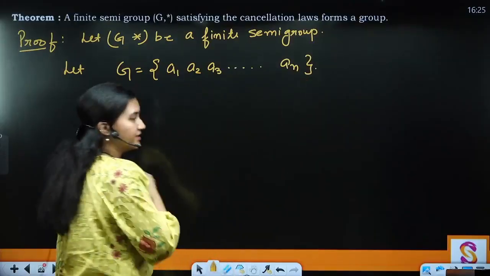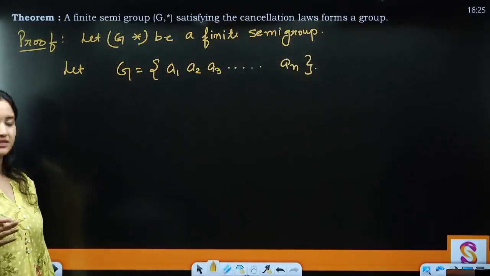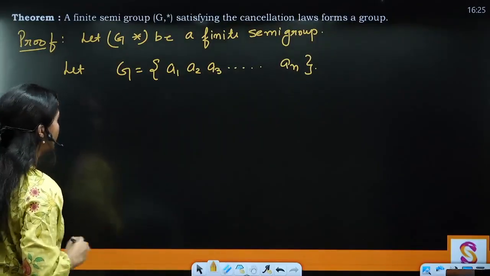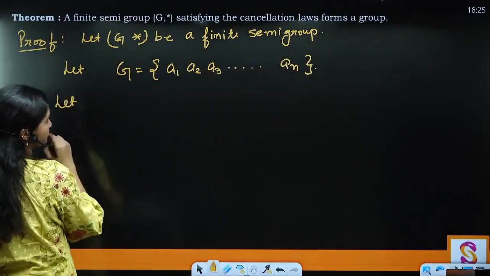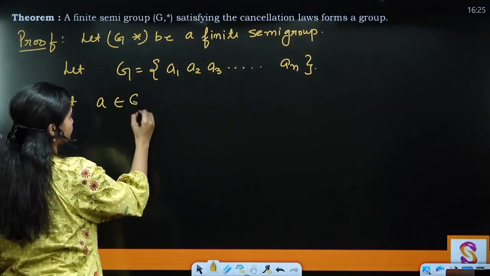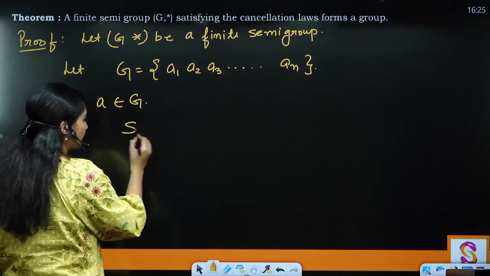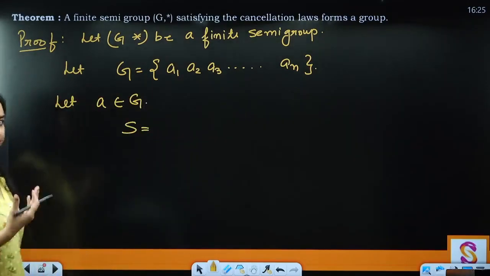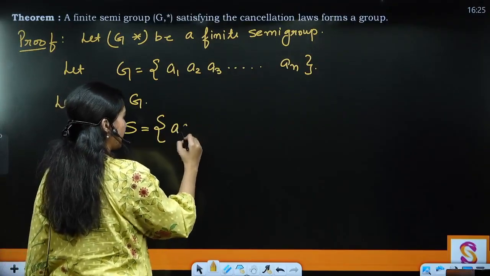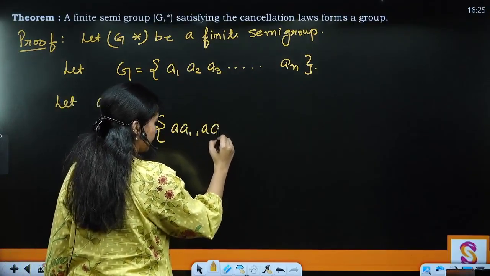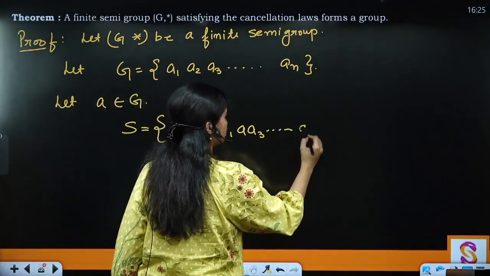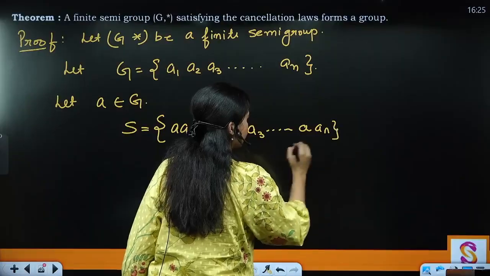Since it's finite, there are going to be n elements which we have named AI. So now let A belong to G, and I'm forming another set whose elements are going to be AA1, AA2, AA3 and till AAN. Clear?